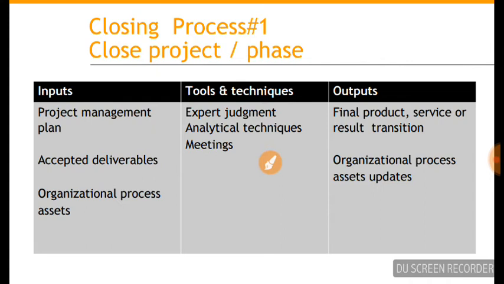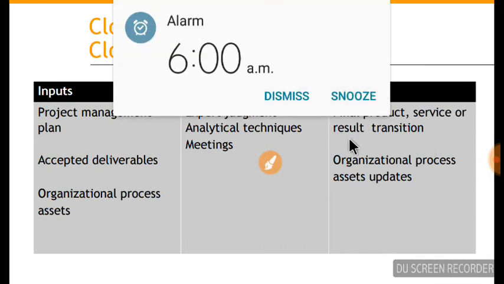But if it is the final phase of the project, the acceptance testing is done, then once you get the acceptance, the final product or service gets transferred to the end customer.